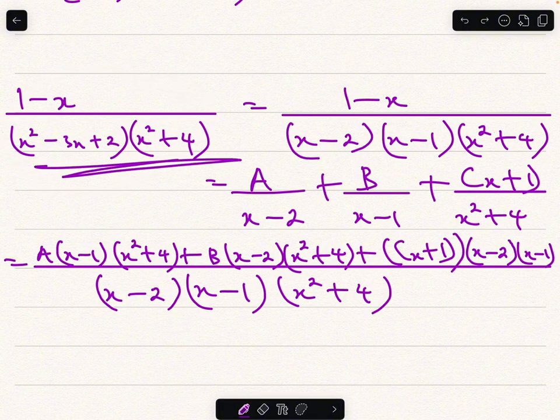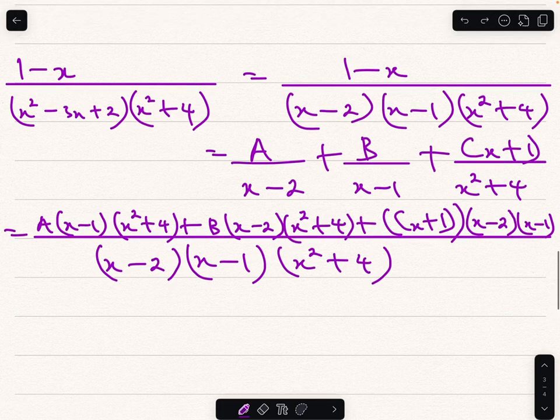We can see that the denominators are the same. That means the numerators are also equivalent.